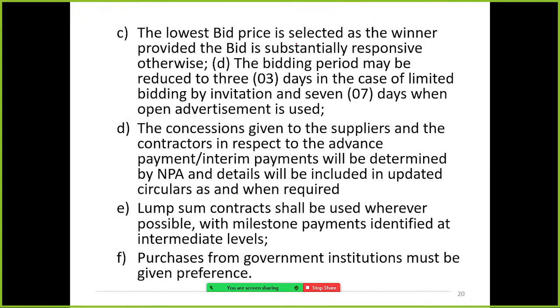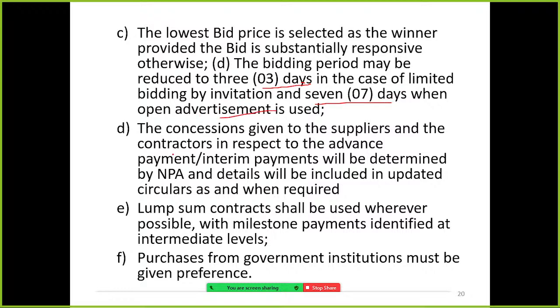The lowest bid price is selected as the winner, provided the bid is otherwise substantially responsive. The bidding period may be reduced to 3 days in case of limited bidding by invitation and 7 days for open advertisement.